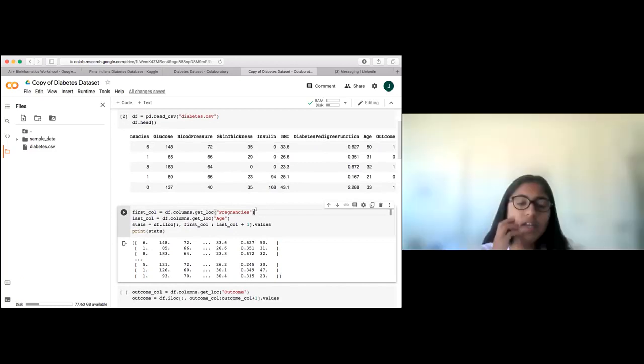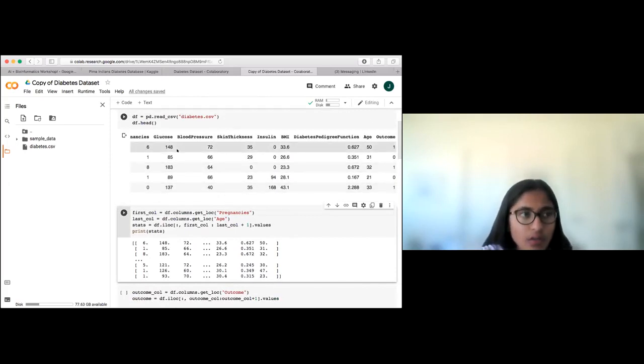Oh, sure. So basically the goal of this cell block here and this cell block here is to separate this nice looking table into two different files, kind of. One would be the parameters, so all the inputs, like pregnancies, glucose, all that stuff, everything that affects whether you get diabetes or not. And then one would be this column of the corresponding outcomes to all these inputs.